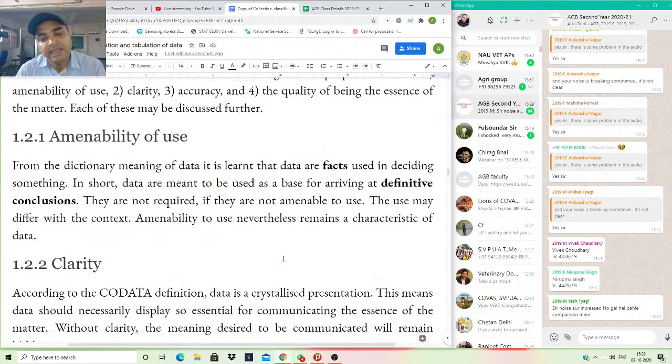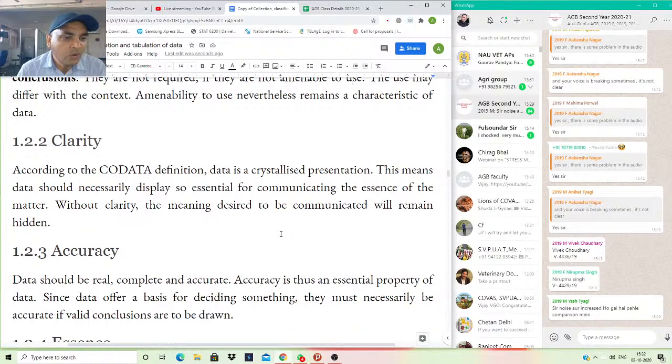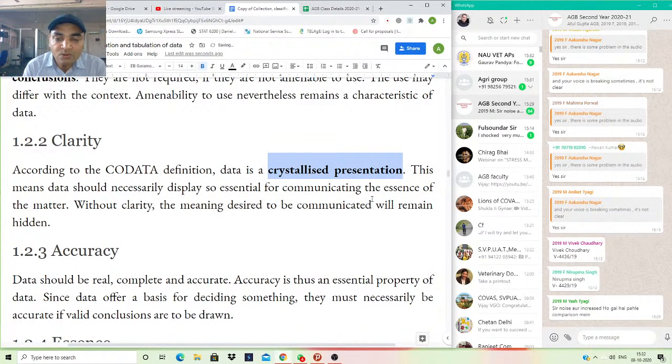Then the second one is clarity. According to the core data definition, data is a crystallized presentation; that is, it tells you about the characteristic of the trait you are studying. This means the data should display what is essential for communicating the essence of the matter.